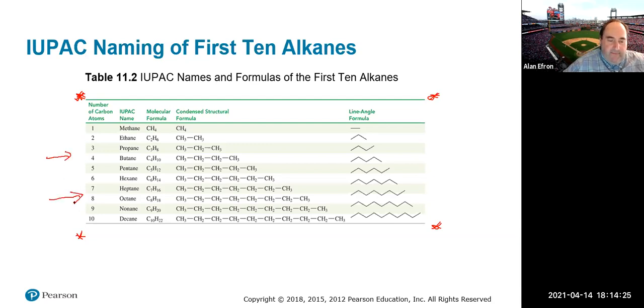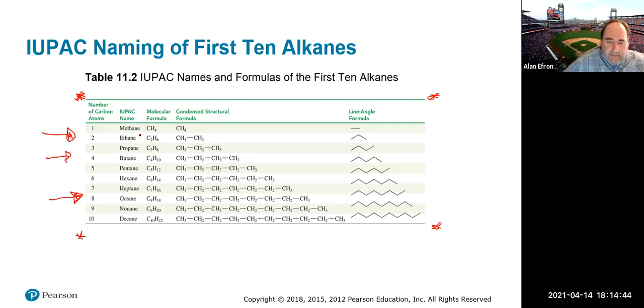Every different type of organic compound, all the way through all the organic chapters, everybody pretty much defaults back to these first 10 names. You want to make sure that you learn these as soon as possible. It will make everything else a lot easier as we go through these organic chapters.